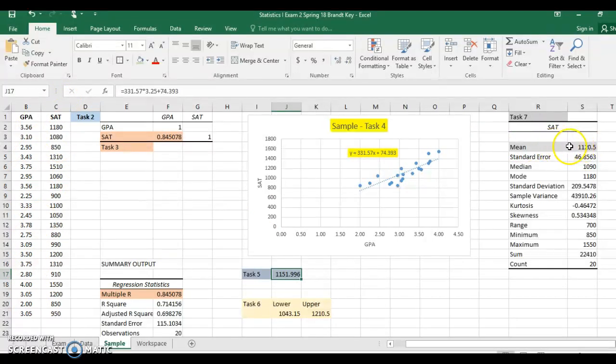And we were wondering, is the mean from my selected 20 random samples within this range set from task 6? And this 1,120 does fall within these two values. And the idea was to kind of get you set up for what the next part of the course was, in hypothesis testing.